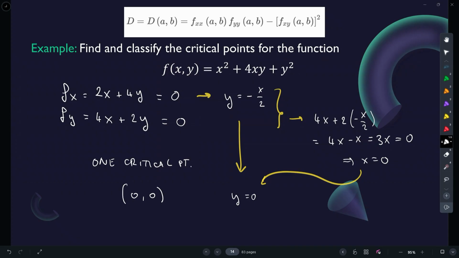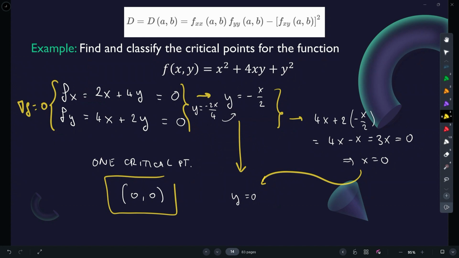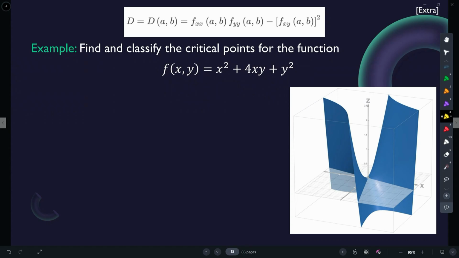So let me now use the second derivative test. By the way, the great reveal of what's happening is that it is a saddle point. This is the graph of the function. So there's going to be a saddle point. Let's see that the math agrees. So the first derivative was 2x plus 4y.